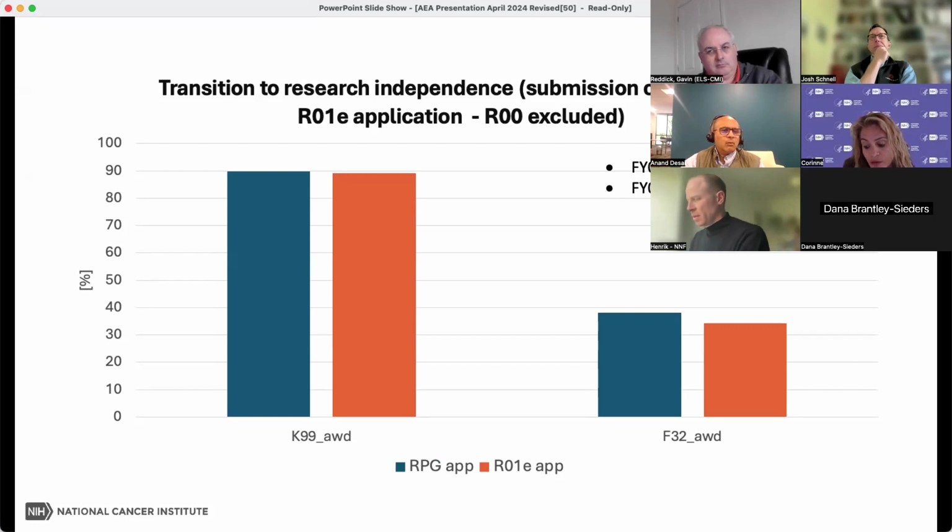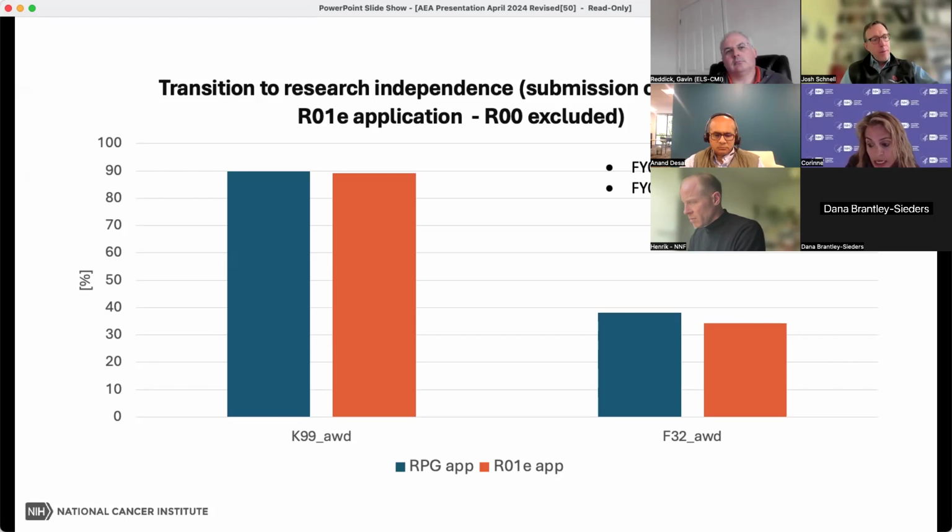The NCI Ruth L. Kirstein NRSA for individual postdoc fellows F32 awards support promising postdoctoral applicants who have the potential to become productive and successful independent cancer research investigators.